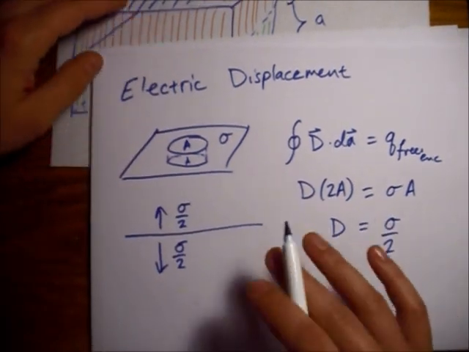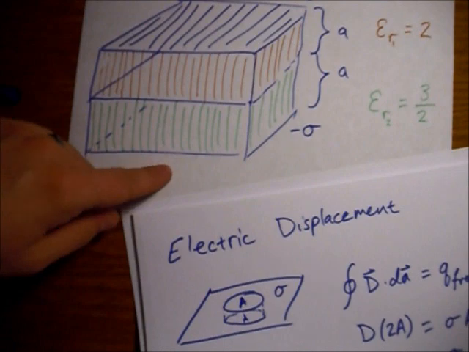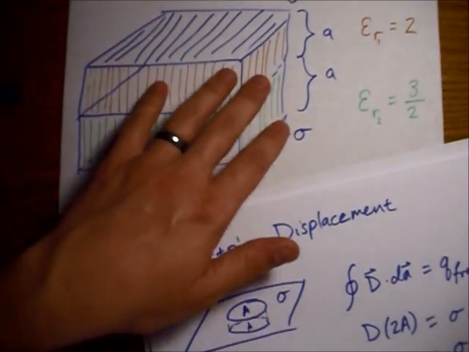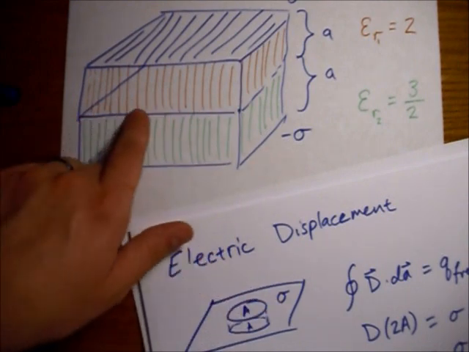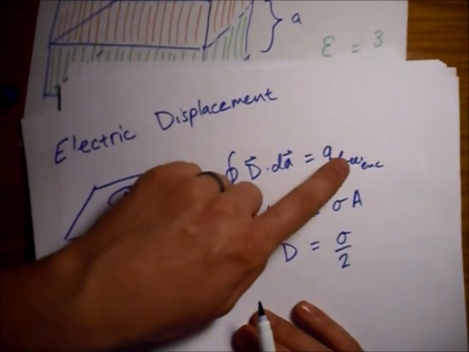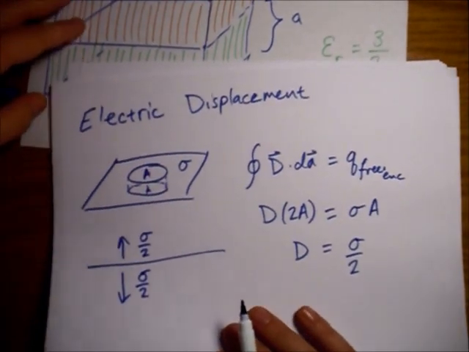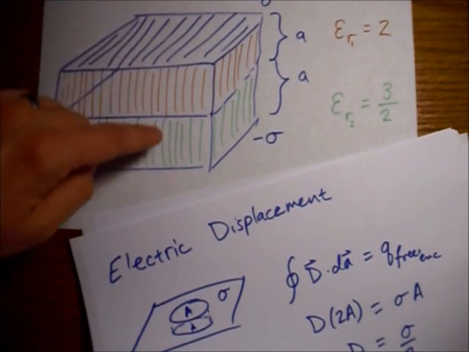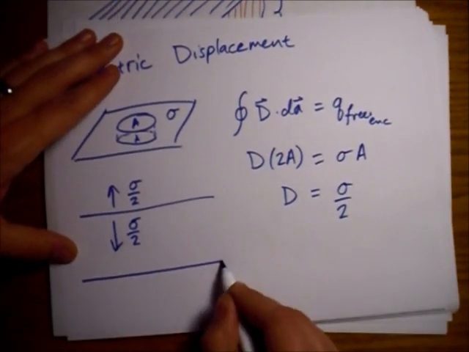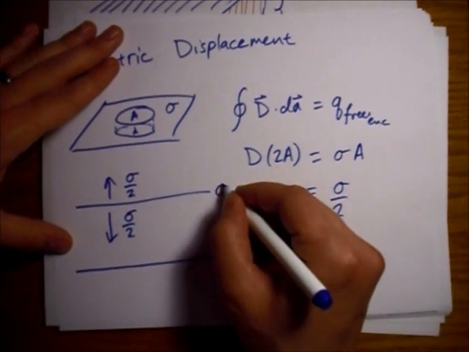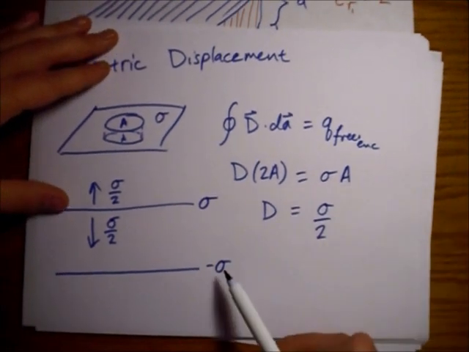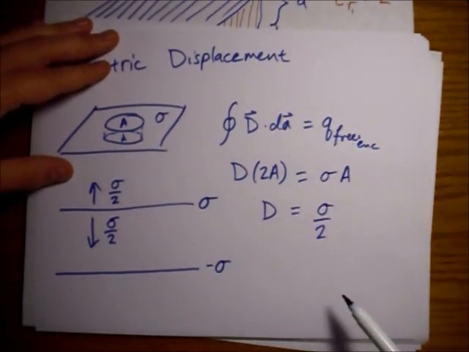But in our case, of course, we have two sheets of free charge. There are other charges in this problem, bound charges, especially at this interface here. But for this form of Gauss's law, we only have these two surfaces where free charge is an issue. So if this one is sigma and this one is minus sigma, we just carry this minus sign through the same thing.